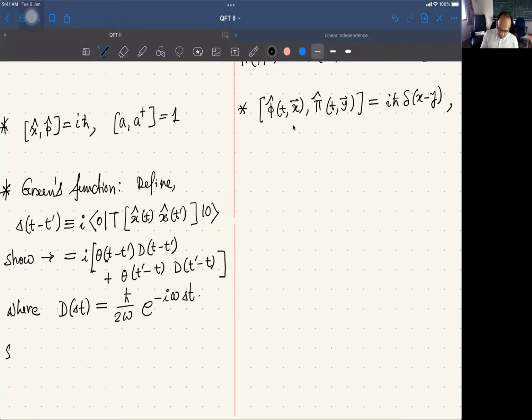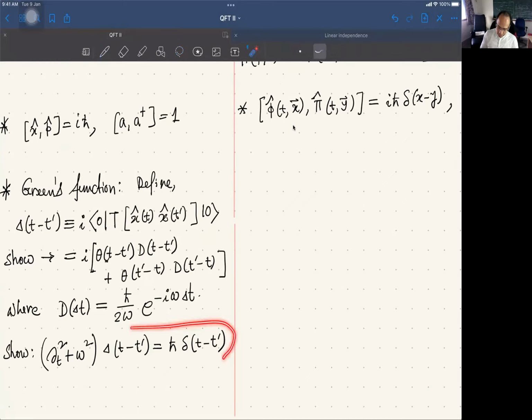And then also show that del t square plus omega square acting on Delta(t minus t prime) is equal to h bar delta(t minus t prime).